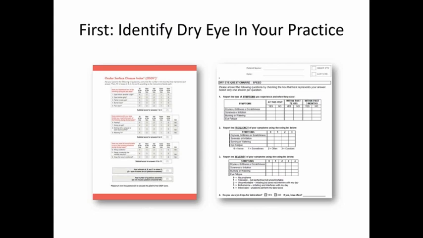We print these out using the color printer, and I use both because the OSDI really focuses more on aqueous deficient dry eye patients, and the SPEED is actually more effective at identifying evaporative dry eye patients, which really are the bulk of the patients that you'll be seeing.